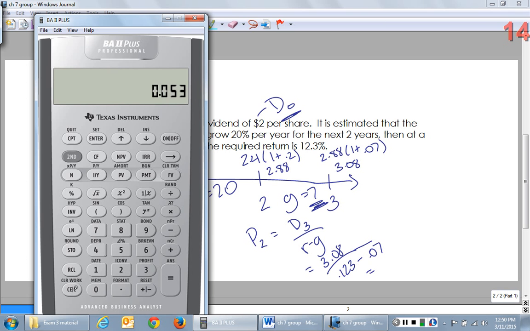So we divide 3.08 by 5.3% to give you 58.11.